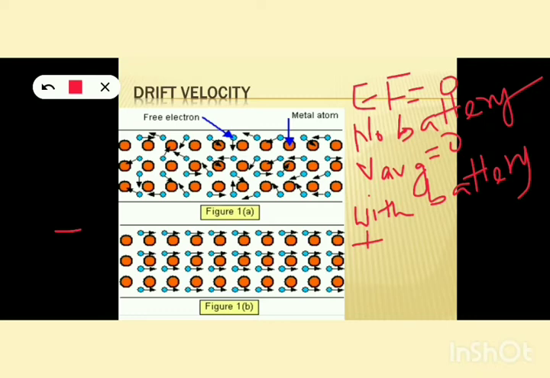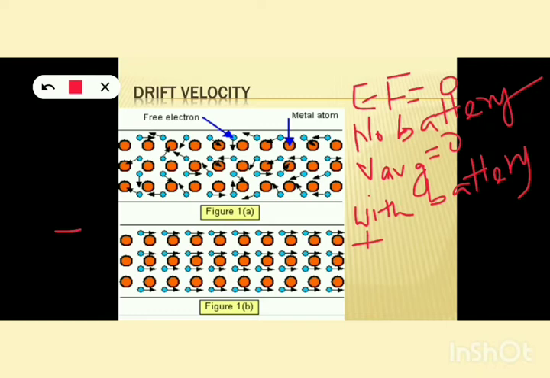Okay, so while moving, what happens? Collision takes place, isn't it? Because these electrons are moving in between the metal atoms, so there is a chance these electrons can collide with the metal atoms. After each collision, these electrons gain an increase in velocity. Okay, and that velocity sustains till the next collision.